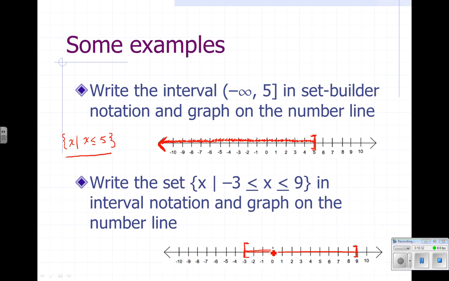That's what it looks like on the number line. And our interval notation mimics that. We would write in interval notation a square bracket including -3, comma, and a square bracket around 9. And there we go. That's our interval notation.